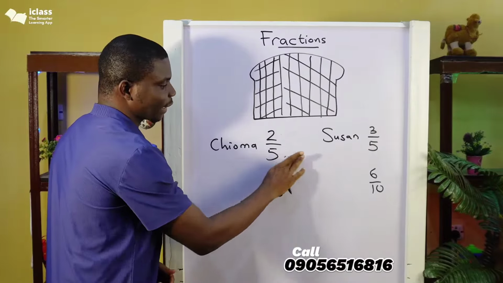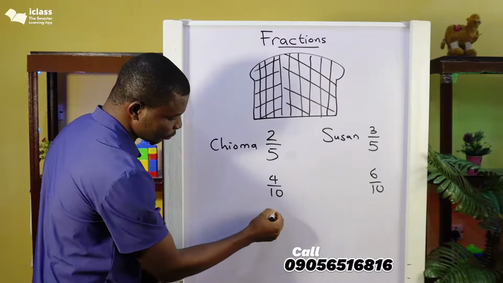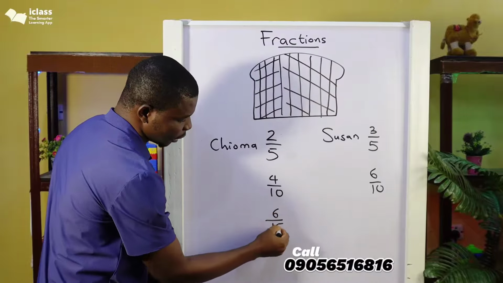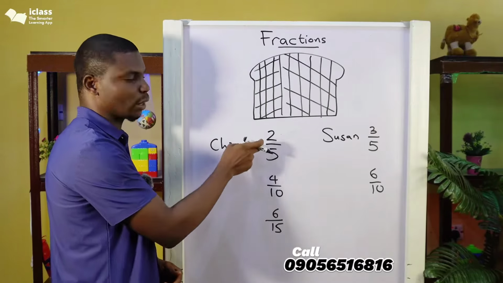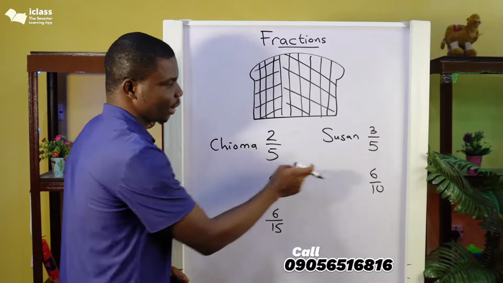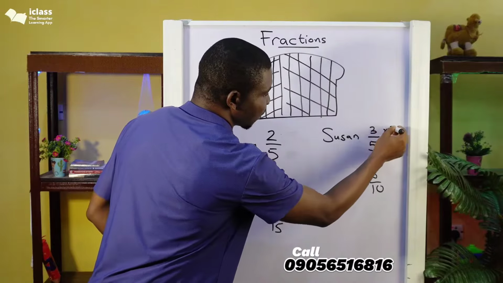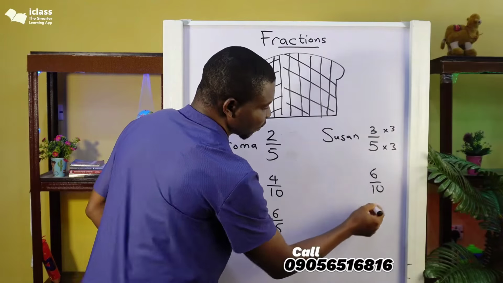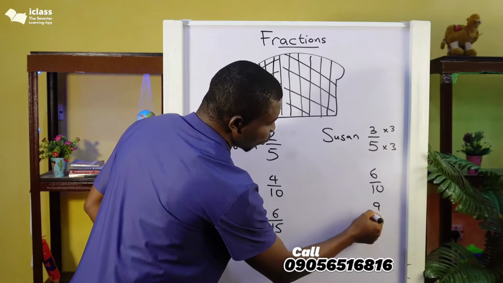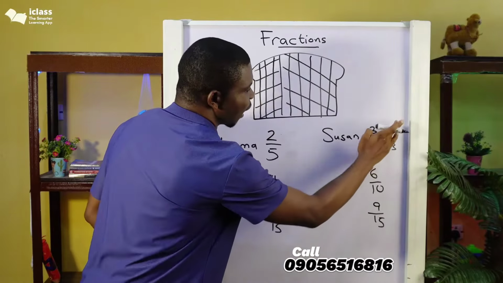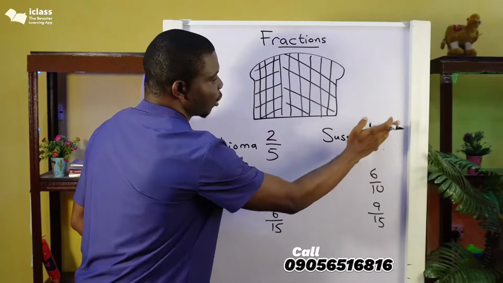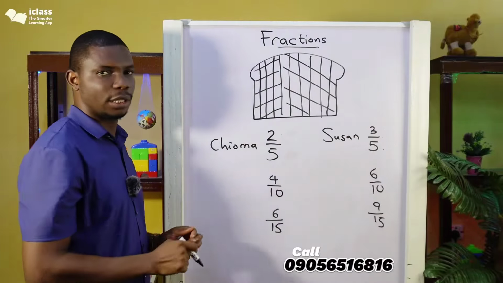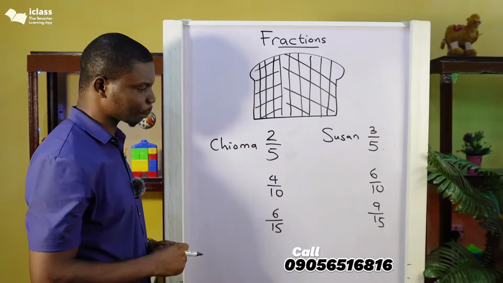So it tells you that 6/15 is equivalent to 4/10, and 4/10 is also equivalent to 2/5. If I do the same thing here, multiply by 3, then we would have 9/15, and so on. So you can keep getting more equivalent fractions of these initial fractions we have here.